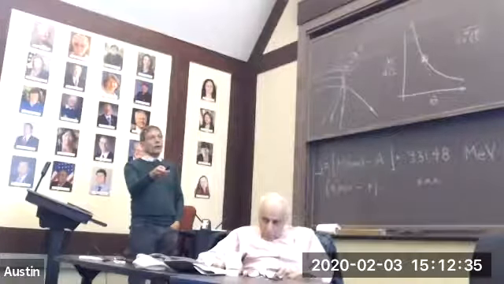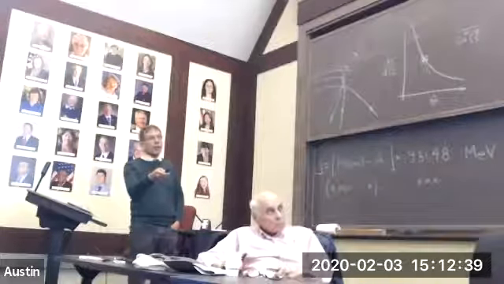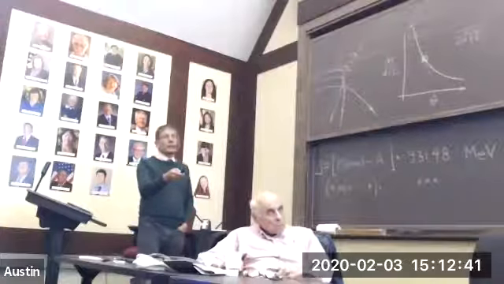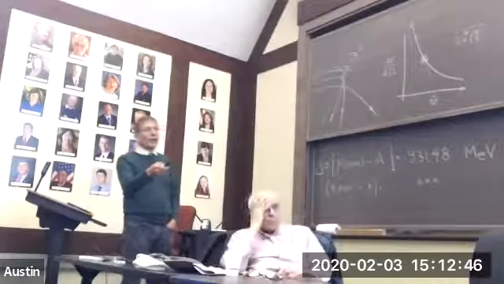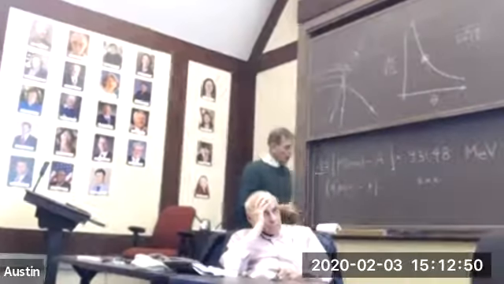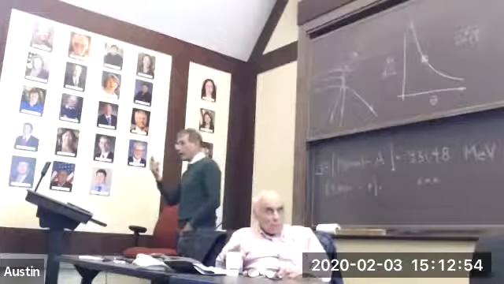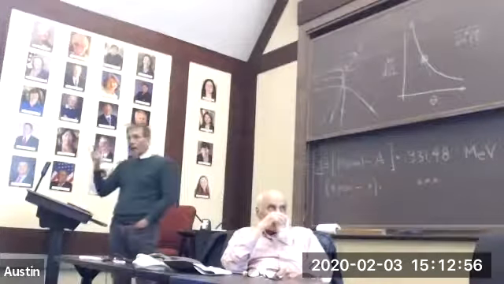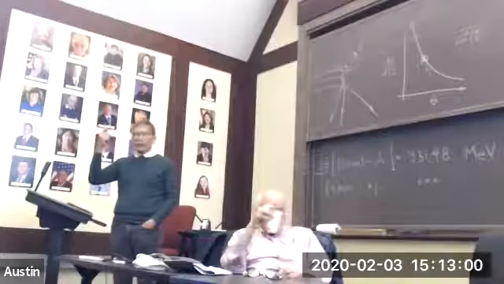Up here, if I split the thing into two parts that might be mass 90 and mass 130, you actually find that the average binding of those nuclei is about 8.5. That means I've gained about 1 MeV per nucleon in uranium.